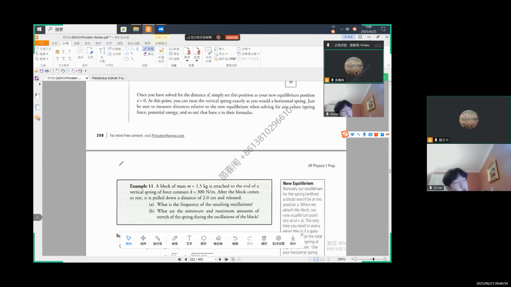What is the frequency of the resulting oscillations?